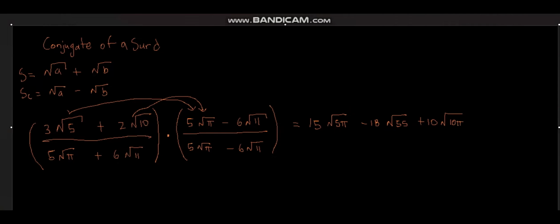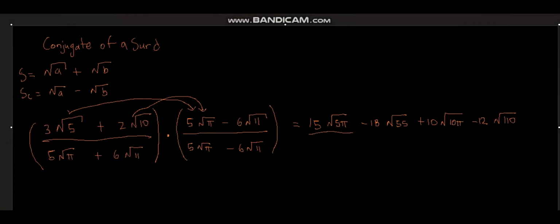That's the correct statement. So now 2 root 10 by negative 6 root 11. Looking at the coefficients of the surds, 2 by negative 6 is negative 12. And root 10 by root 11 is root 10 by 11, which is 110.